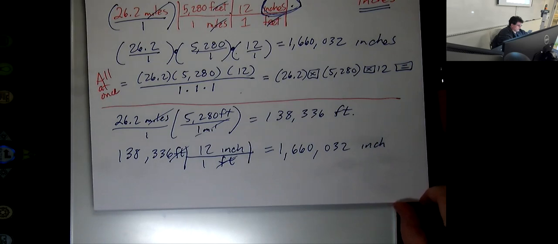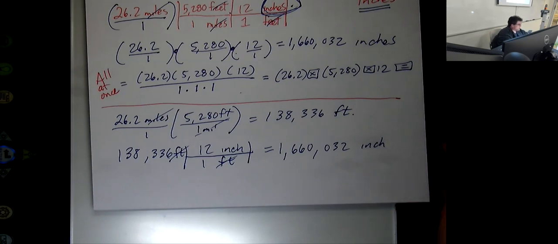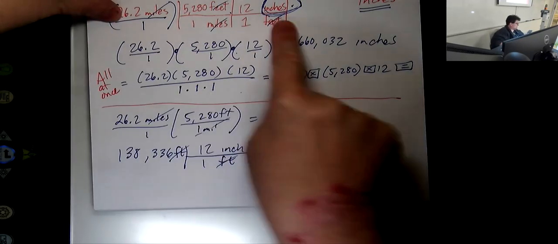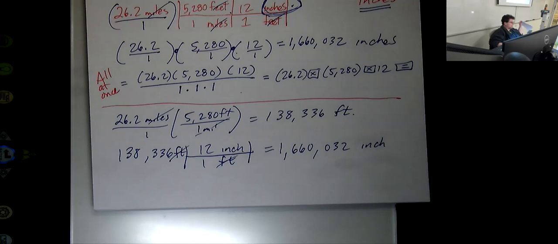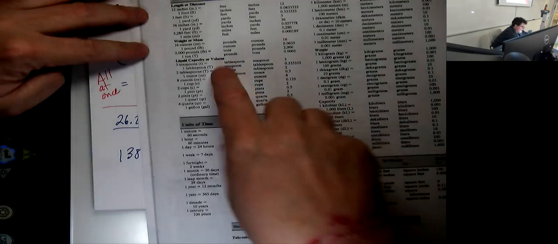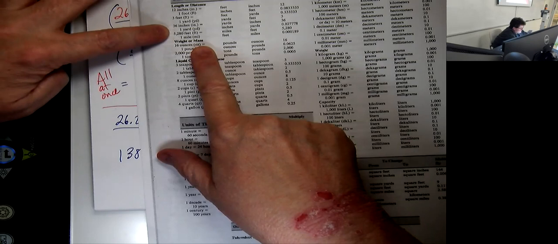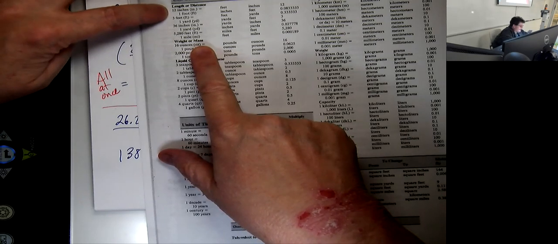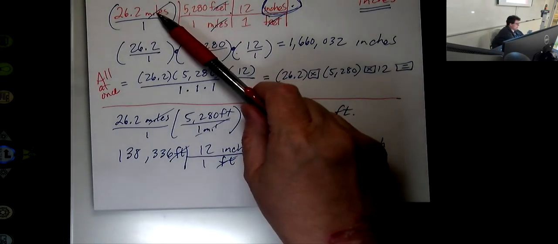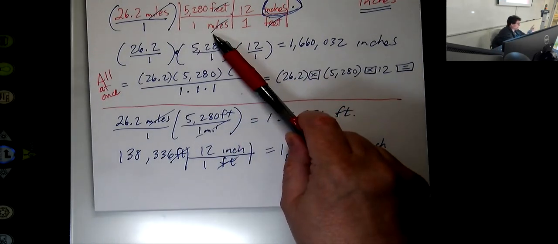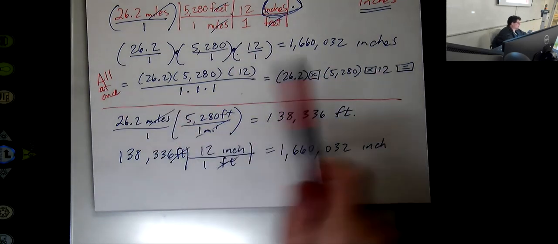It's the same in terms of the multiplication, no. But in terms of thought pattern, it's harder to think that way, because you don't always know what they're gonna be. Just following the chart, I've got miles to feet, so I can at least get rid of miles that way, and then I can go feet to inches. So it's easier to follow the pattern where you're getting rid of the thing on top in the very next bridge. But it does work. You can go in any order.